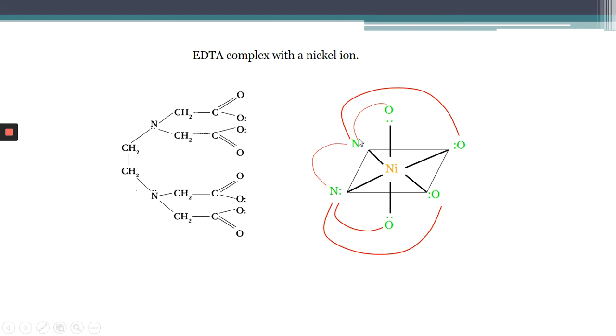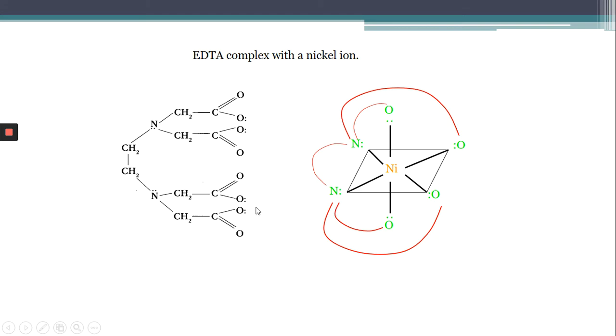If we look here, the C's, CH2s and the C's are missing. But this little line here represents this one here. So the line is showing that CH2, C with a double bond O, and then the final oxygen that's actually binding to nickel is this one there. Okay, top one we'll take to be the top line, and inside it would be your CH2, C double bond O. This line here would have the CH2 and the CH2 in it.